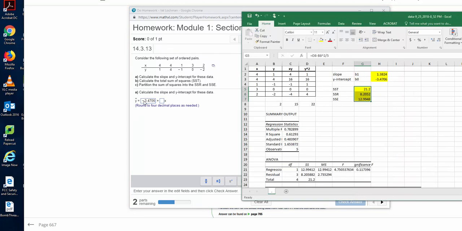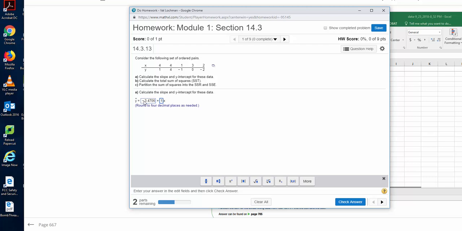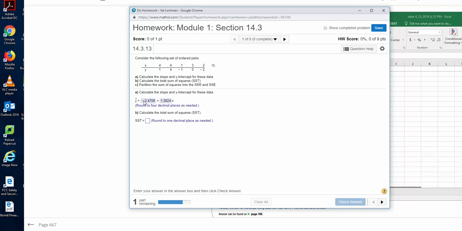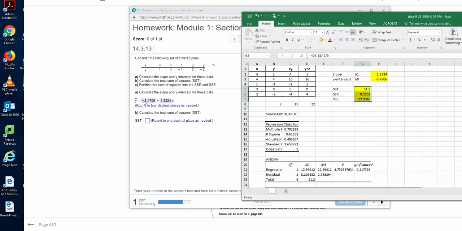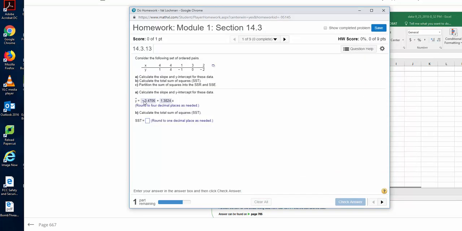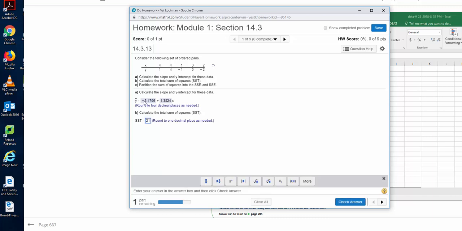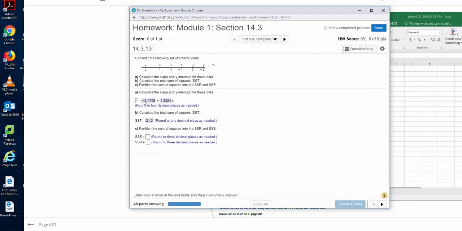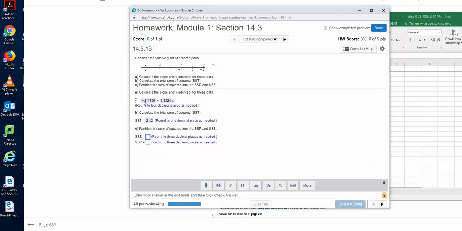Then slope is 1.3824. Let's check. This looks good. Okay, the total sum of squares, 21.2. So far so good.